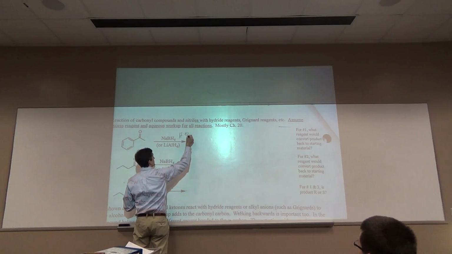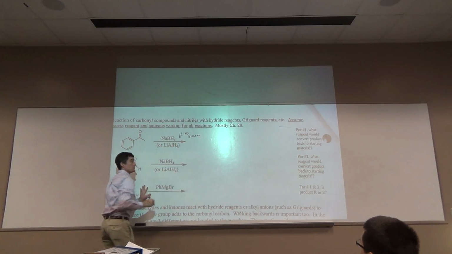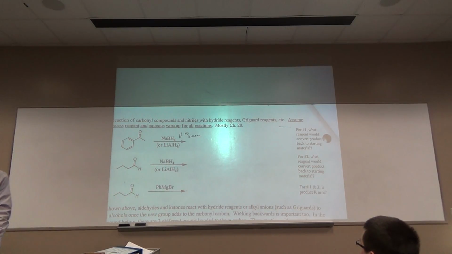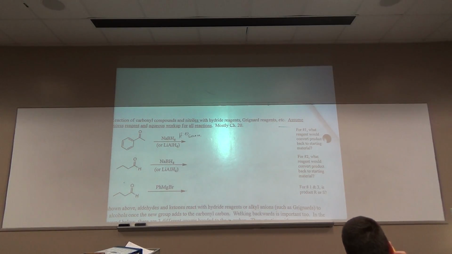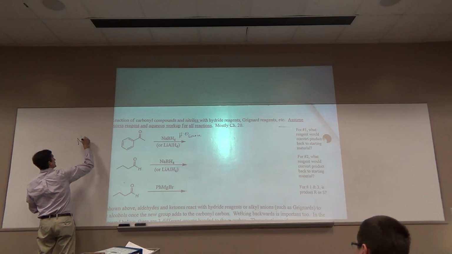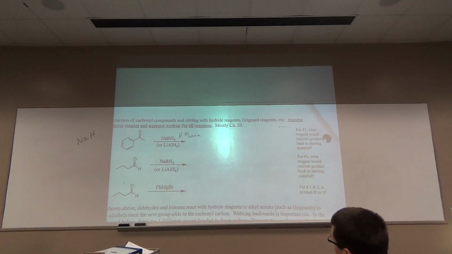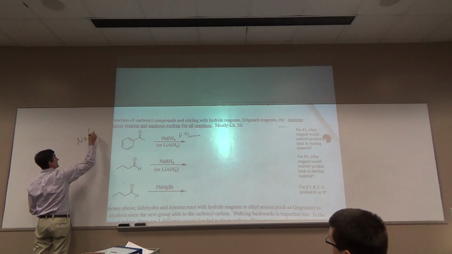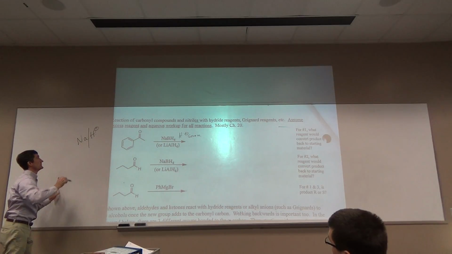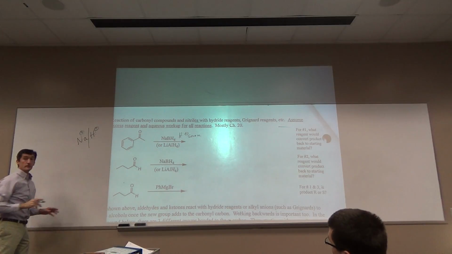H minus source. We don't often see hydride. Yes, it can exist. I mean, sodium hydride is very common. Na plus, H minus. And the H minus has 2 lone pairs.